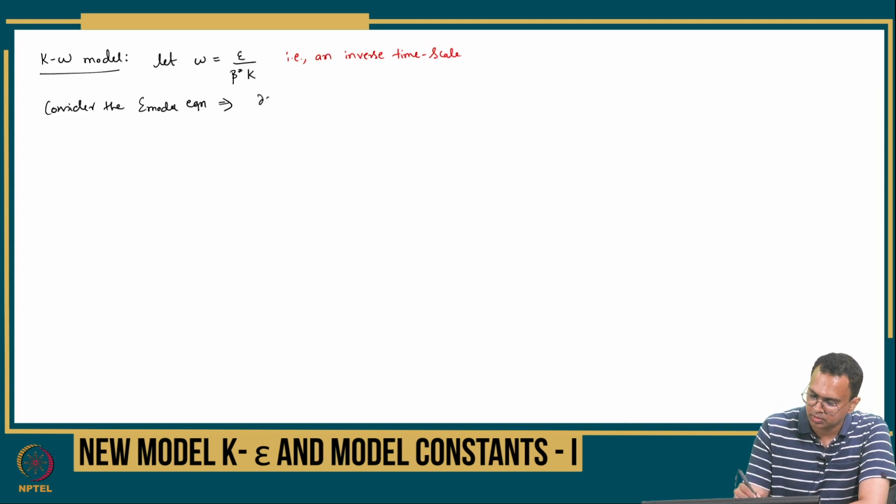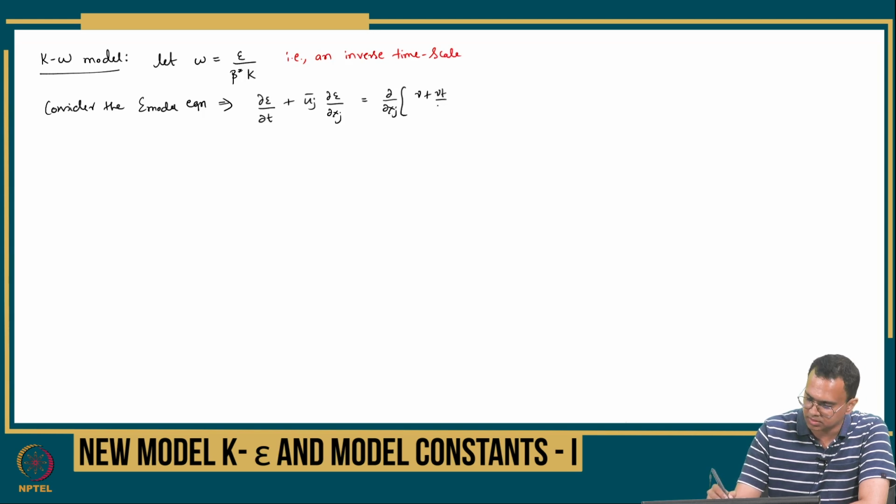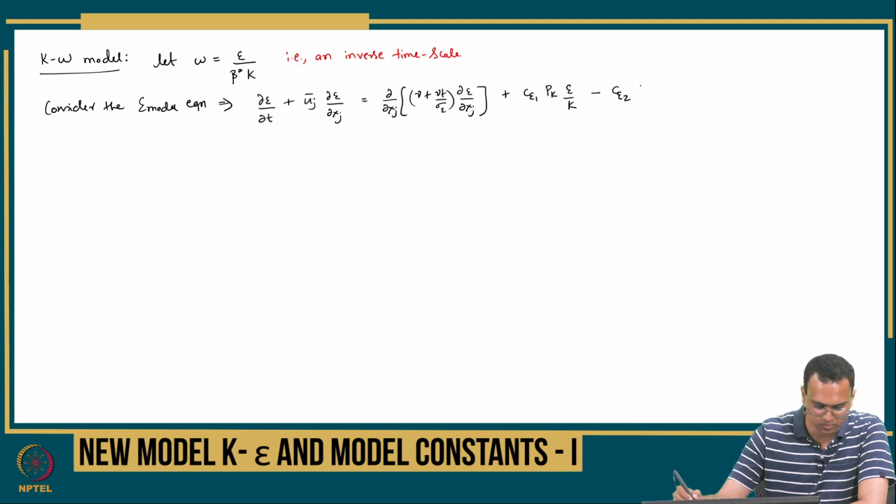Which is dou epsilon by dou t, I'm just rewriting it here, plus uj bar dou epsilon by dou xj equal to dou by dou xj of, you don't have to write this again because I just wrote it in the previous slide, dou epsilon by dou xj, plus c epsilon 1 pk epsilon by k minus c epsilon 2 epsilon square by k.